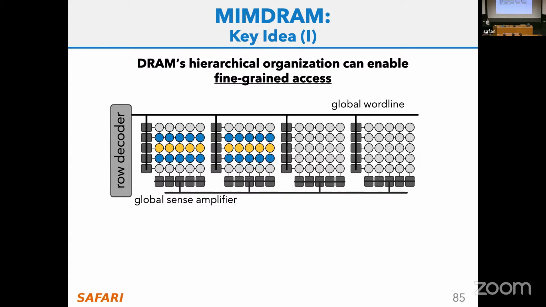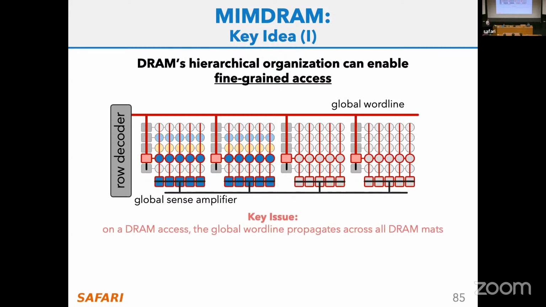When you do a DRAM access, let's say you want to access these columns over here, the word line is going to propagate across all of the DRAM mats, activate every one of those rows across the different mats, and bring the data to the sense amplifier, even if you want to access only portions of the data, which is placed on some mats but not on other mats.